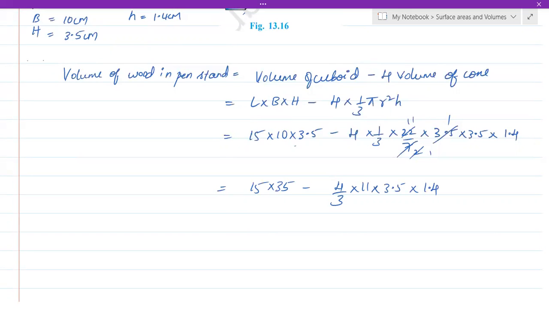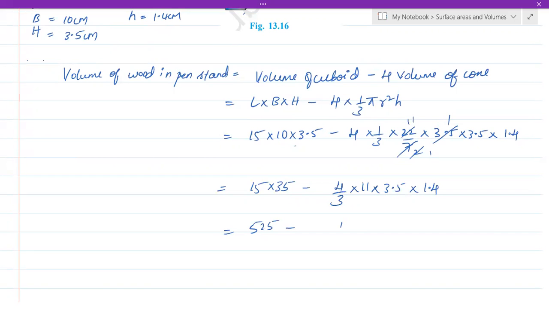So 15 into 35 is 525. We get it as 525 minus, here let's multiply 4 into 11 is 44, 44 into 3.5 into 1.4.